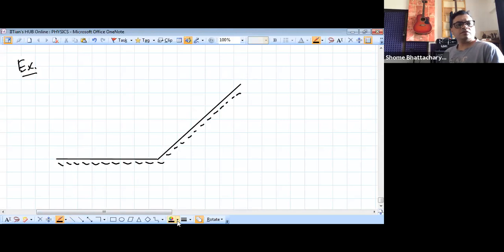So we have some kind of a smooth combination of inclines like this.